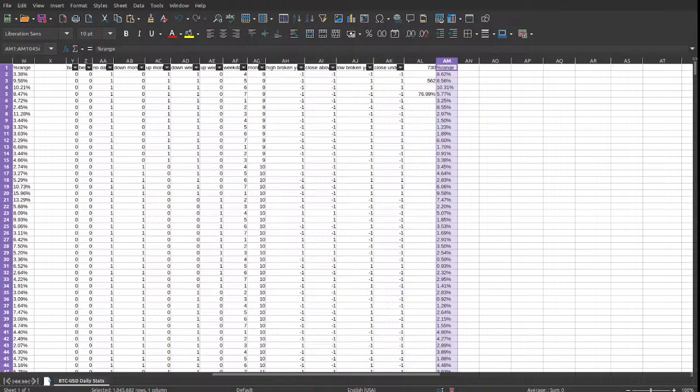These are daily stats, right? No. No close above. Just high broken. We're gonna say it's gonna be bullish, a bull market, and it's gonna be an up month.